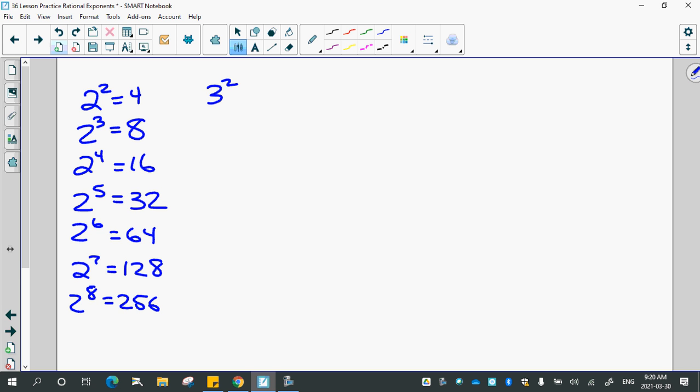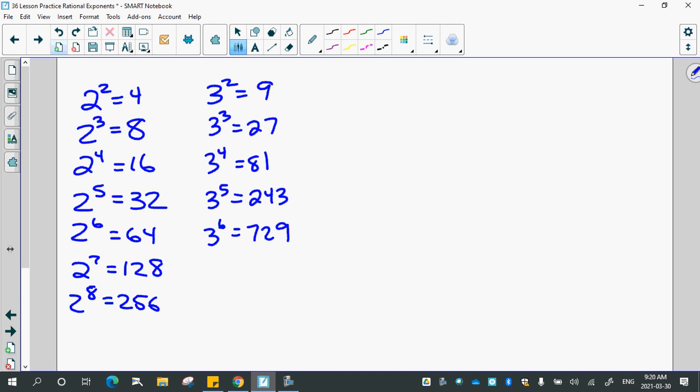3 squared is 9. 3 cubed is 27. 3 to the 4th is 81. 3 to the 5th is 243. 3 to the 6th is 729. That's usually what you would be responsible for with threes.